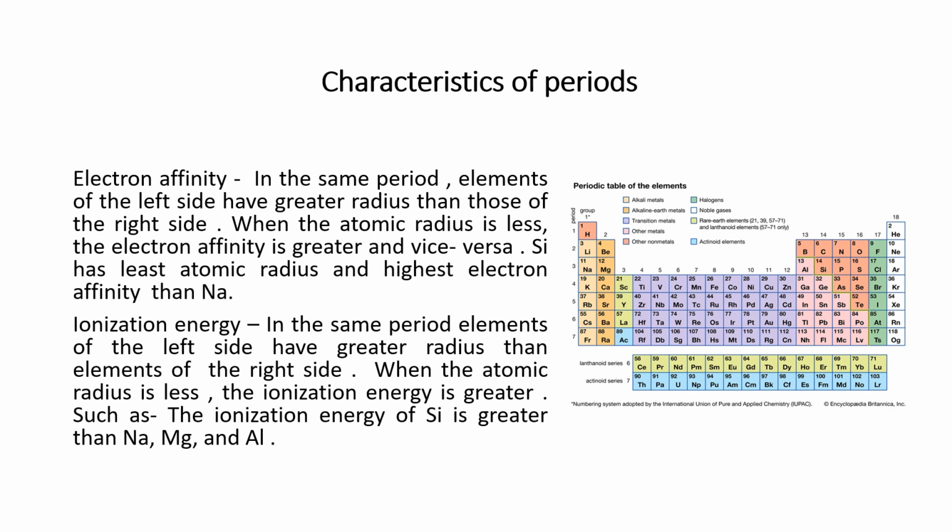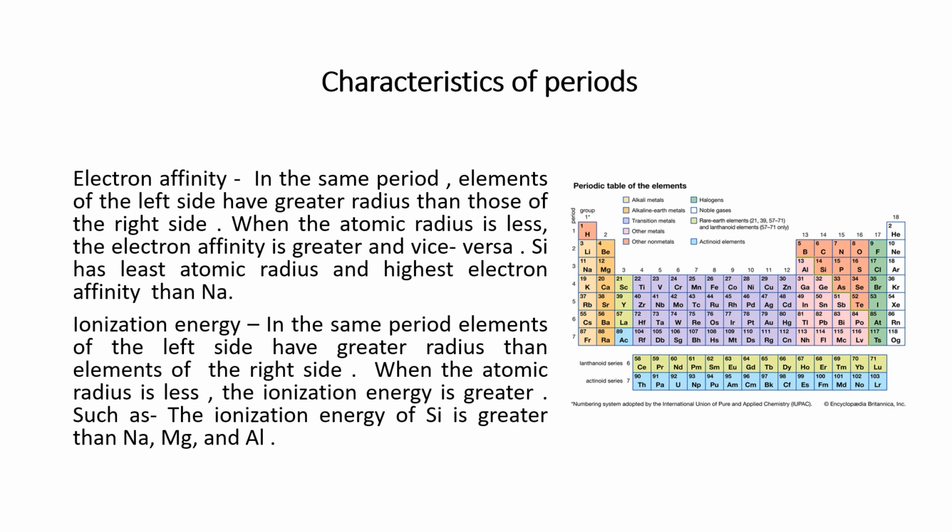You see here, sodium's outer shell has 1 electron and silicon's outer shell has 4 electrons, and silicon's proton number is 14 and electron number is 14, and sodium's proton number is 11 and electron number is 11. So silicon has more protons and its attraction for electrons is more than sodium's. For this reason, silicon's electron affinity is more than sodium's.